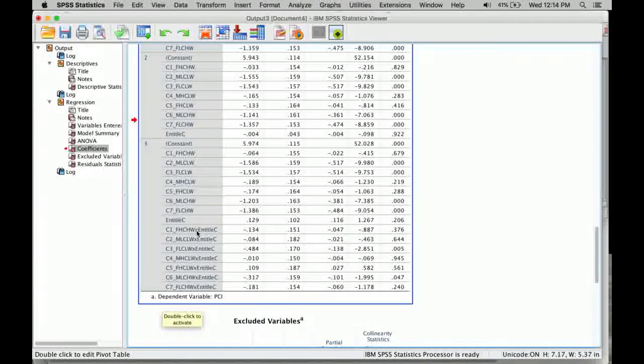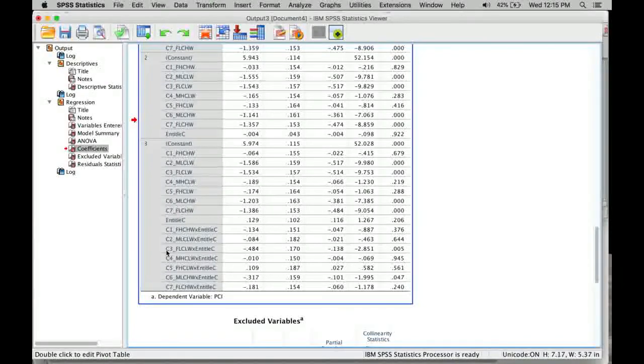So then we want to go and see which of the interaction terms are significant. So the females, low competence, low warmth, as entitlement scores increase, their PCI scores decrease.